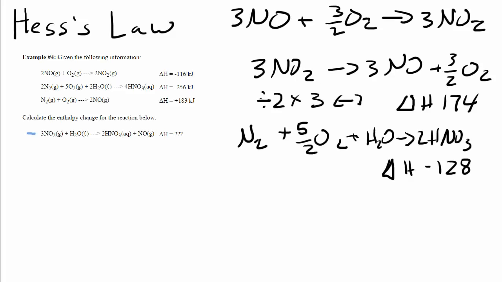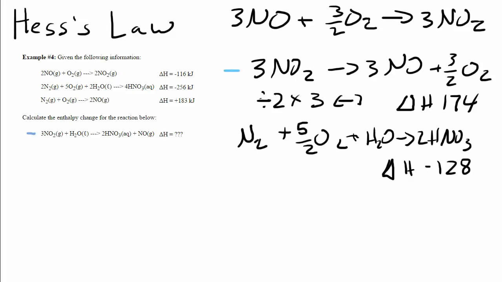If you look at this reaction right here, I already have 3 moles of nitrogen monoxide as a product. But in my final equation, I only want 1. So that means I have to cancel some of that out. So I basically want 2 moles of nitrogen monoxide as a reactant in an equation. Well, that would work in this equation, but right now it's a product.